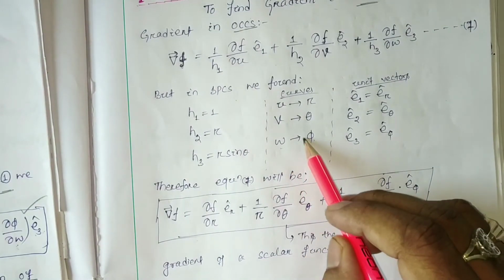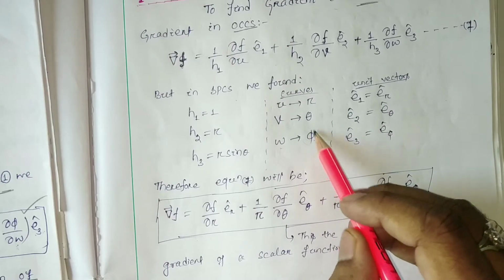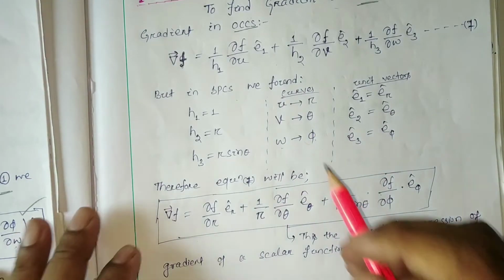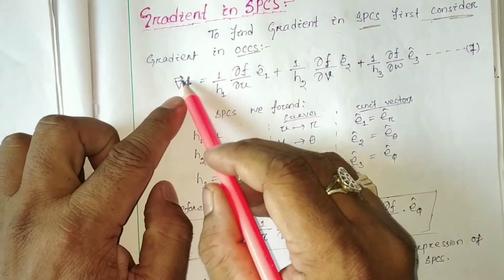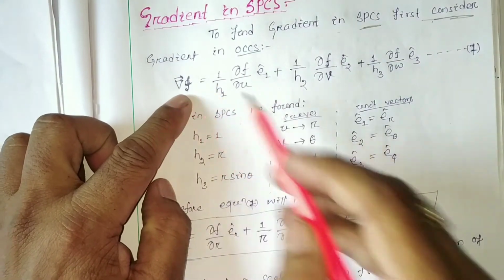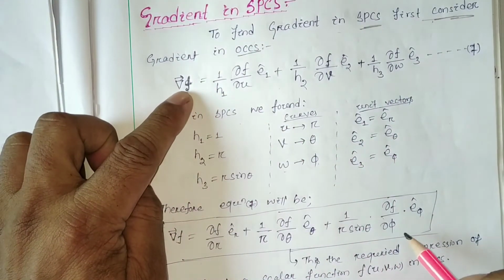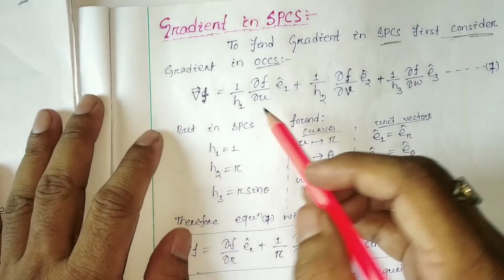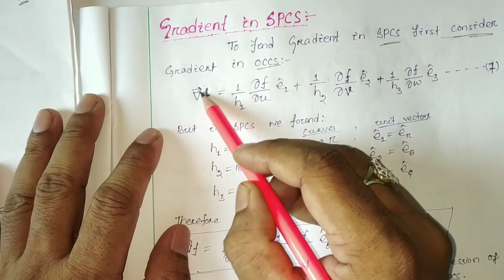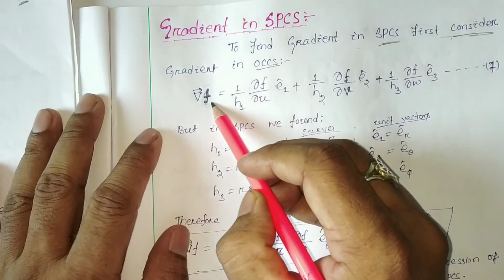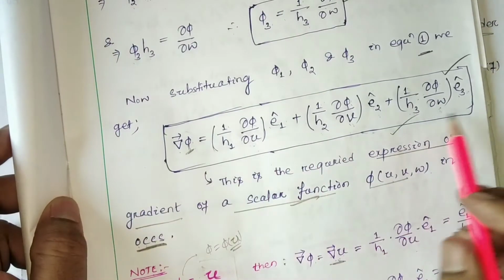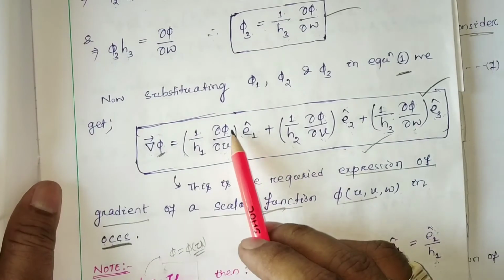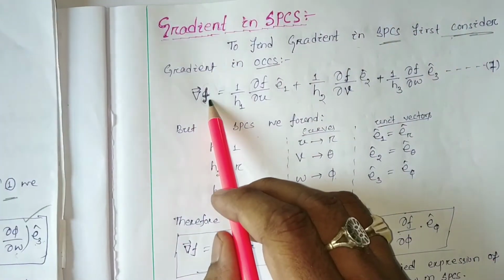So here one symbol represents the angle. If I consider phi as the scalar function, then at the time of writing it will create confusion. So only for that reason we consider another scalar function f instead of phi, but the expressions are the same.